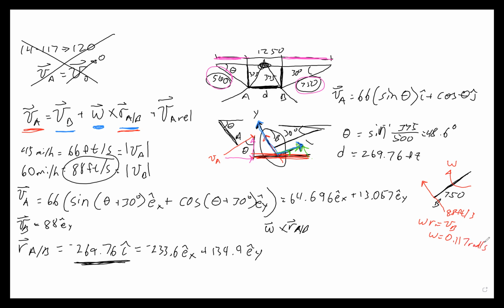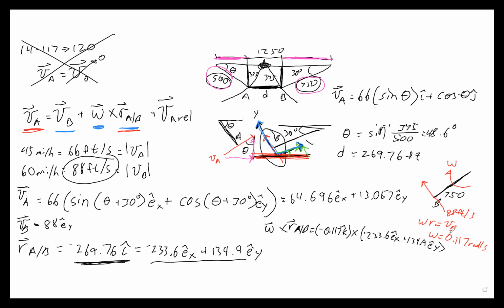All right, so now that means that the omega here is going to be in the clockwise direction and in the k hat direction. So it's negative 0.117 k hat, all right, crossed with the vector that we found for r. We just found it here. So cross with negative 233.6 e hat x and plus 134.9 e hat y.